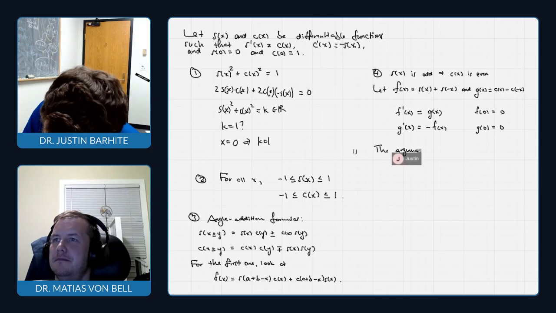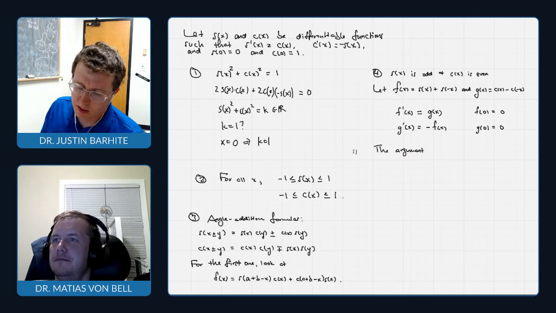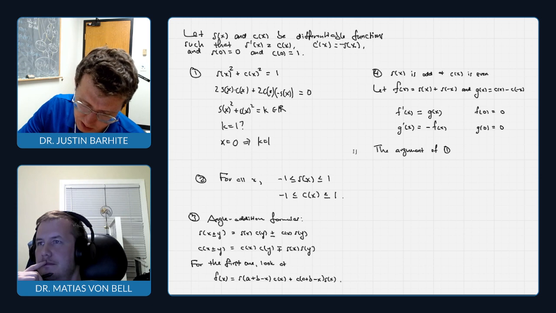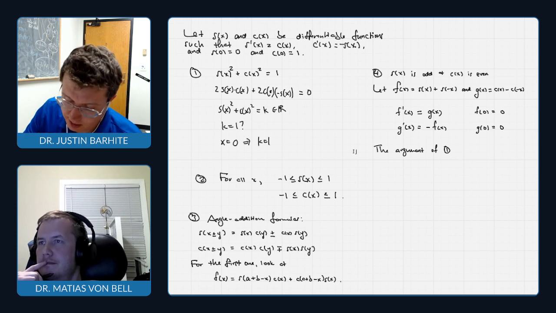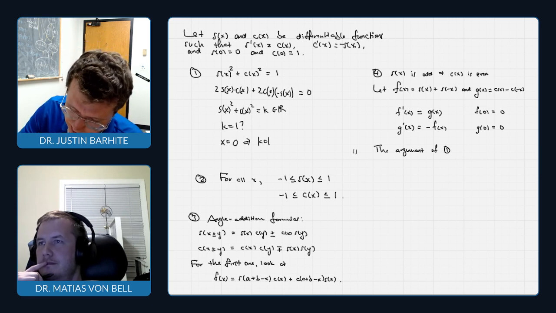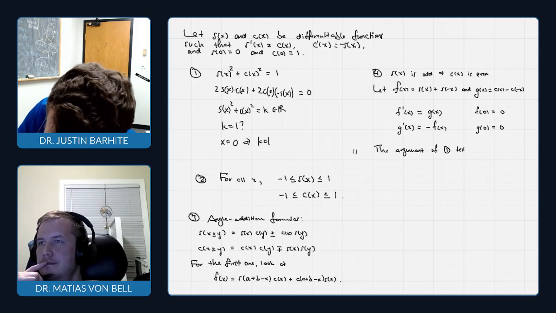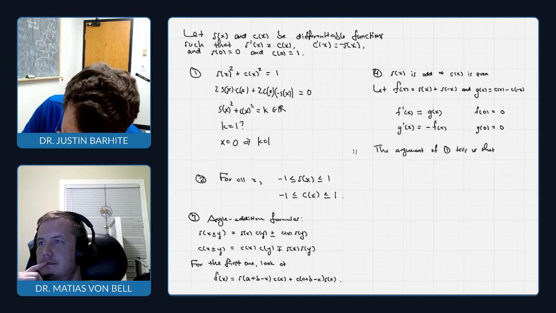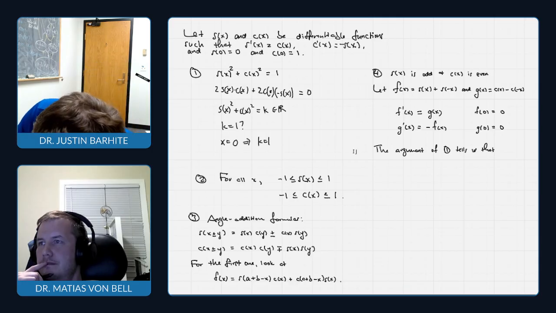You could write this out in detail if you wanted, but you don't have to, because if you run exactly the same argument as in number 1, where we showed the Pythagorean identity, you learn that f of x squared plus g of x squared is constant.